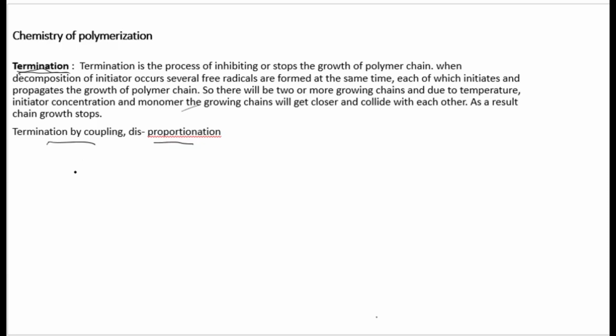First, we can see how termination by coupling occurs. When two growing chains couple with each other, each growing chain contains a lone electron. So these two lone electrons will couple with each other, and chain growth arrest will occur. This termination is called termination by coupling. We can see R CH2 dot.